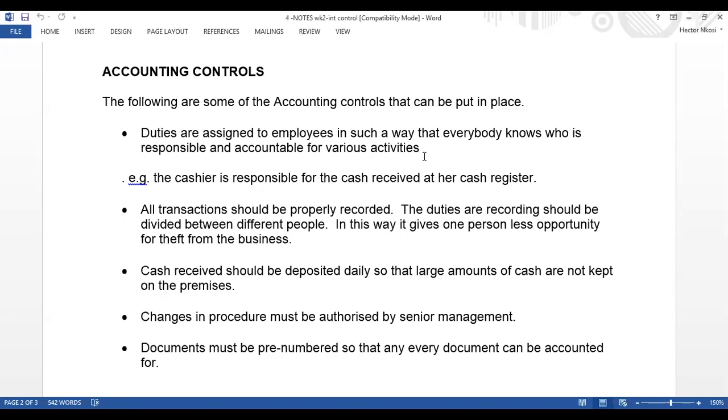So duties need to be assigned to each and every employee, basically. So transactions should be properly recorded. Separating the duties should give one person less opportunity to steal from the business. Guys, it's very important to have proper internal controls as a business.